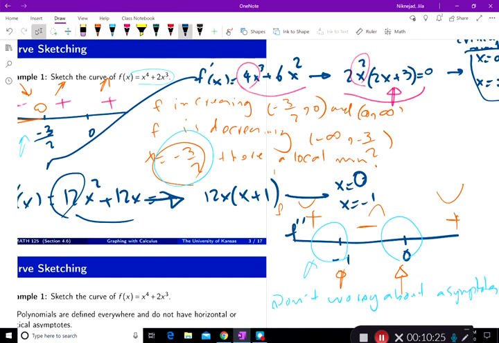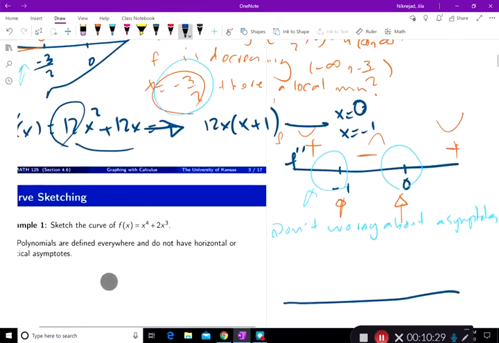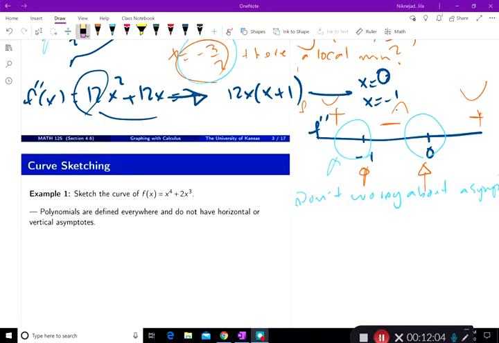Now let's put everything together. How do we do that? Putting all the concavities and increasing, decreasing together. What are the points that I have? I have the lowest that I have is -3/2, and then I have -1, and then I have 0.